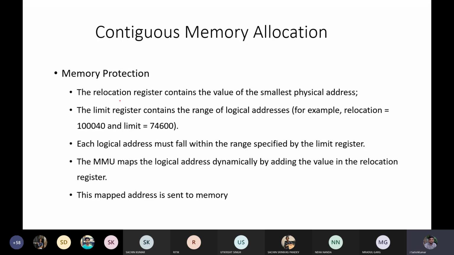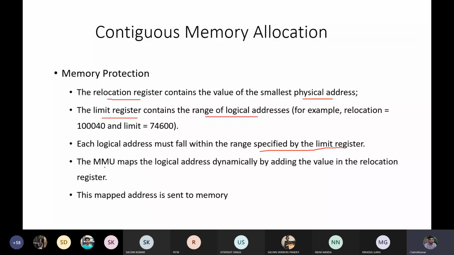The relocation register, or the base register, contains the value of the smallest physical address. The limit register contains the range of logical addresses. The logical address must fall within the range specified by the limit register. So relocation and limit, the base address we studied and the range: whatever address is generated by a particular process should fall within this range.